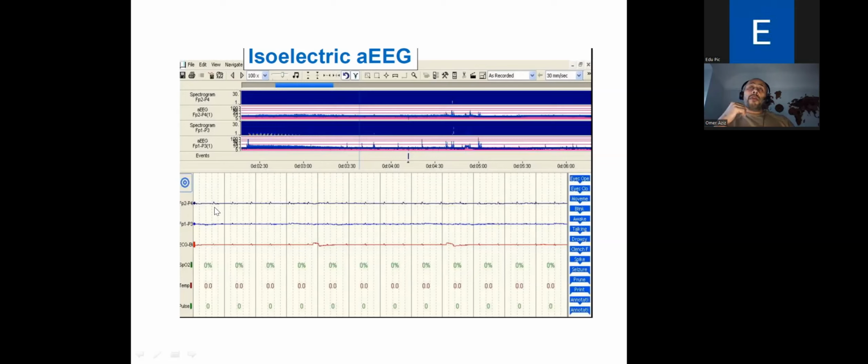If you've got a completely flat EEG like this in someone who's not on any sedation at all, it would make you suspicious of whether you've got brain death, or death by neurological criteria as the more modern term. But you can't diagnose it just based upon this, if that makes sense. It would make you suspicious of that.